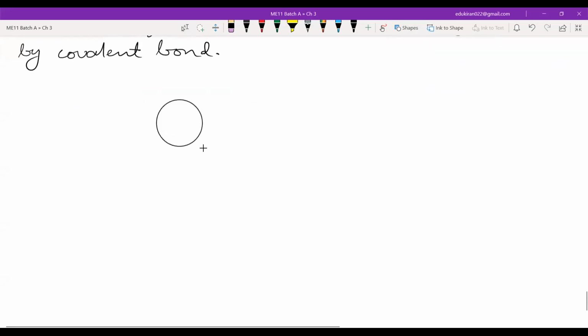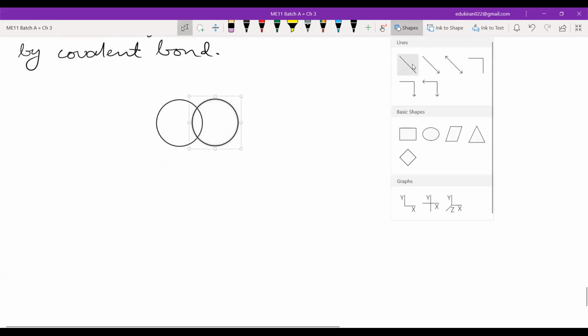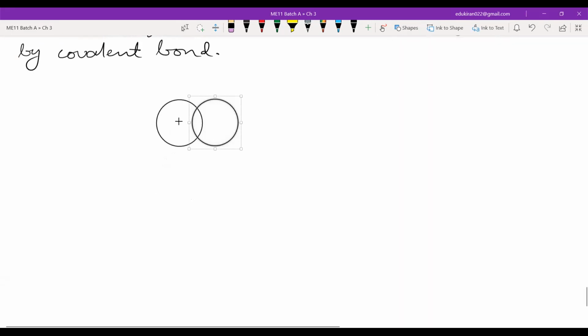Let us say you have this particular atom and it is bonded with an atom of the same element like this. We can say this is the distance between the two nuclei.